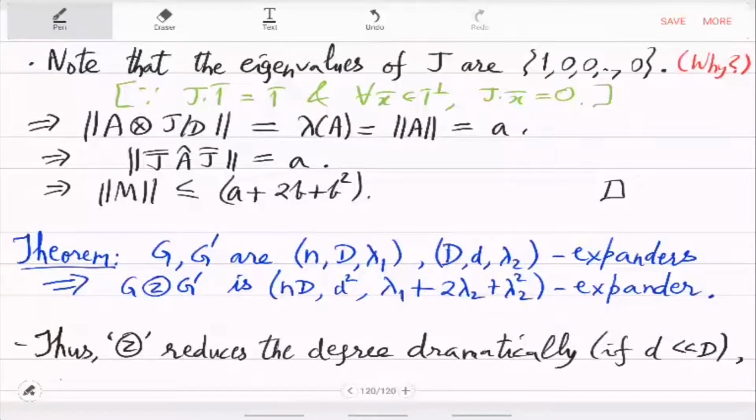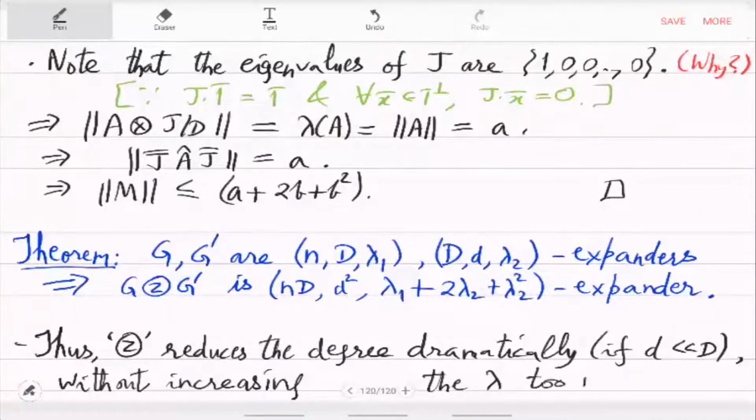So, without increasing the lambda too much. So, that is the point of zigzag product. Okay. So, this last product together with the earlier products gives us all the tools to construct expanders that are explicit and the expansion or spectral norm is constant. So, let us finish that.